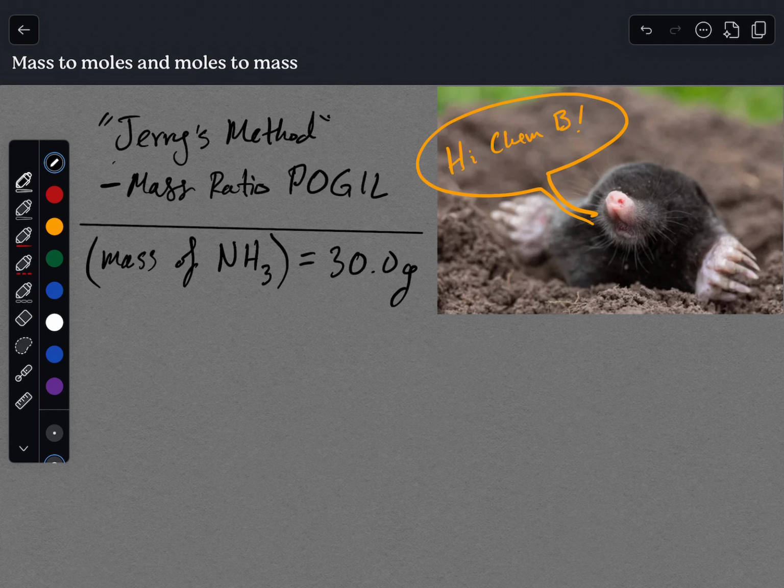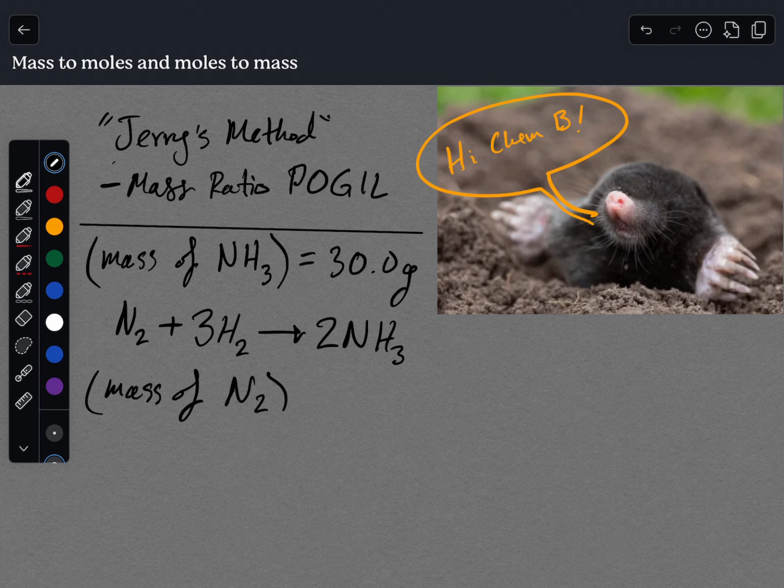and you're also given that there is a balanced equation involving nitrogen gas and hydrogen gas to create ammonia. So given these two pieces of information, can you predict what the mass of nitrogen gas is going to be necessary to create 30 grams of ammonia?